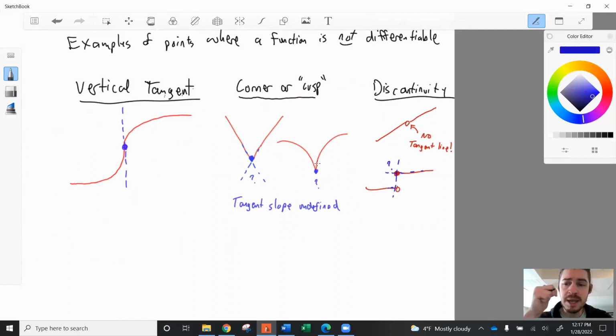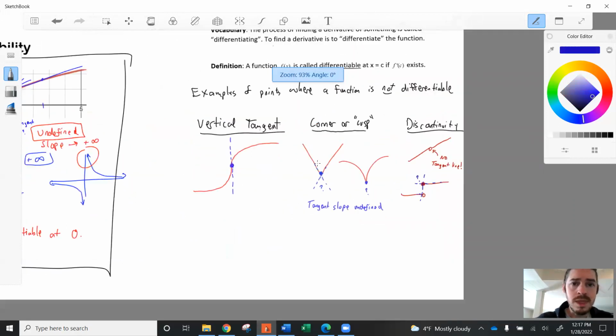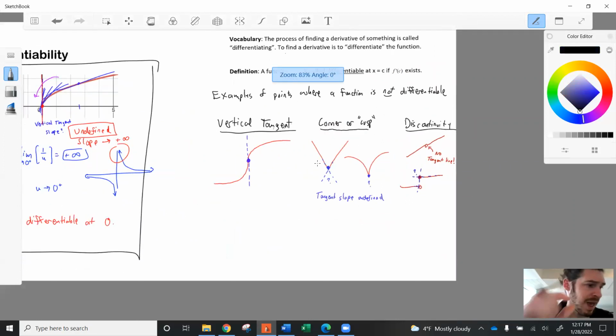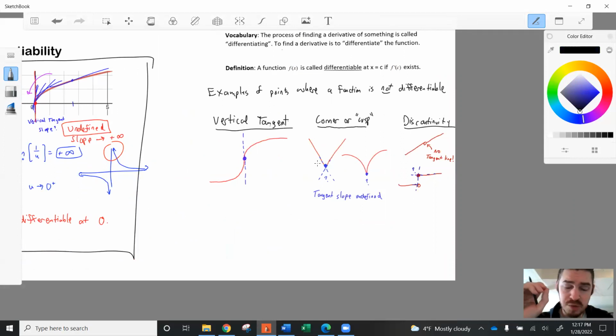So basically, in order to have a function be differentiable, you need certain things.